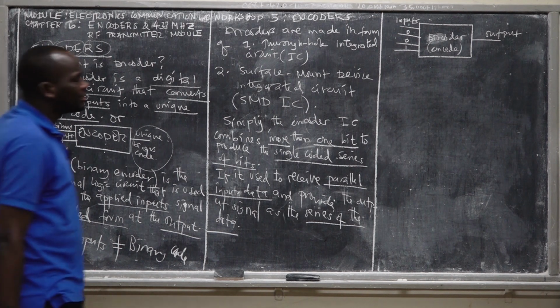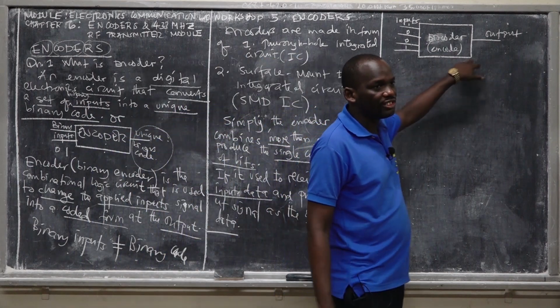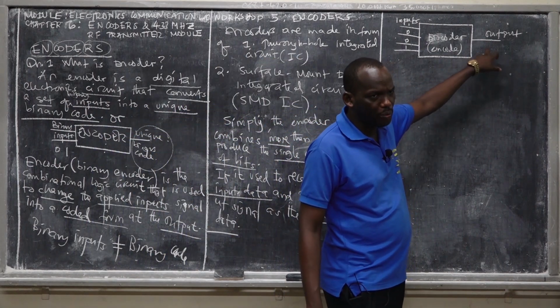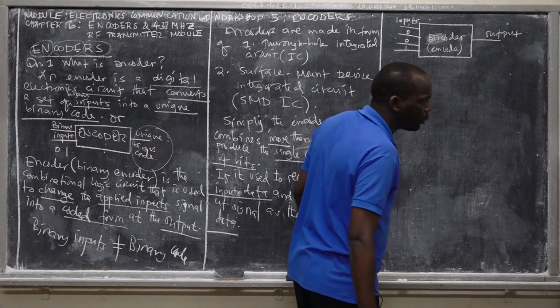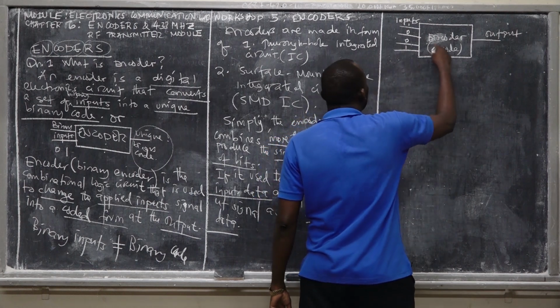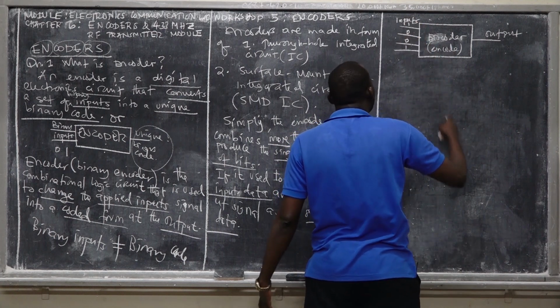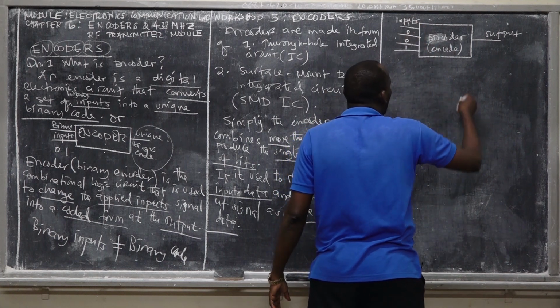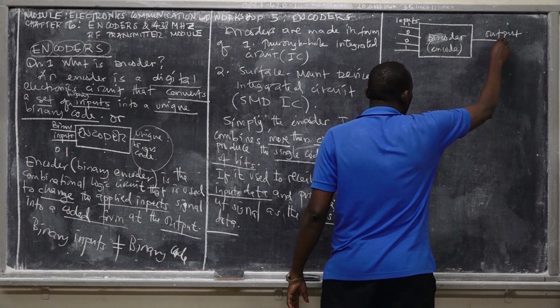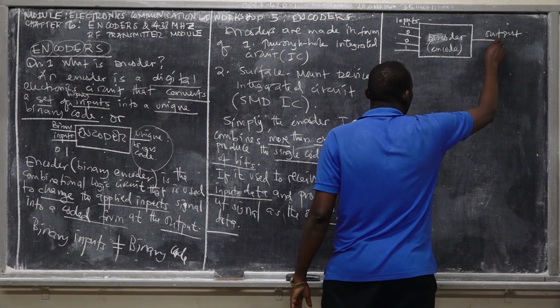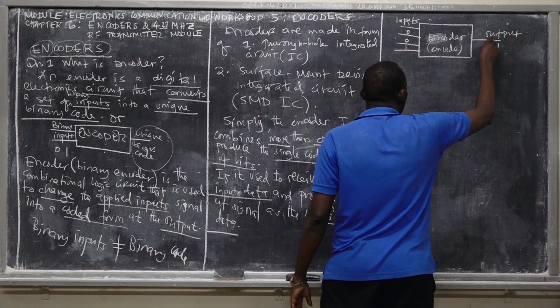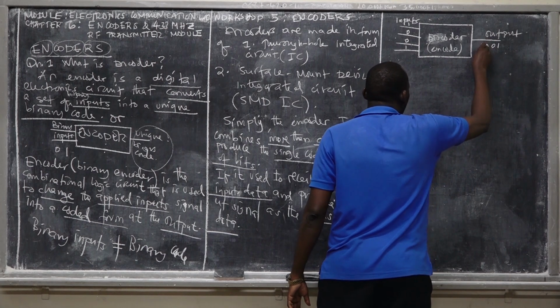So for that case, at the output, whether we have a single output or more than one output but less than 4 outputs, what do we expect? We expect that when these bits are supplied, each of them will be encoded, and then we'll have bits in series. It means we have the first bit, and then the second one, in series, the third one, and the fourth one.